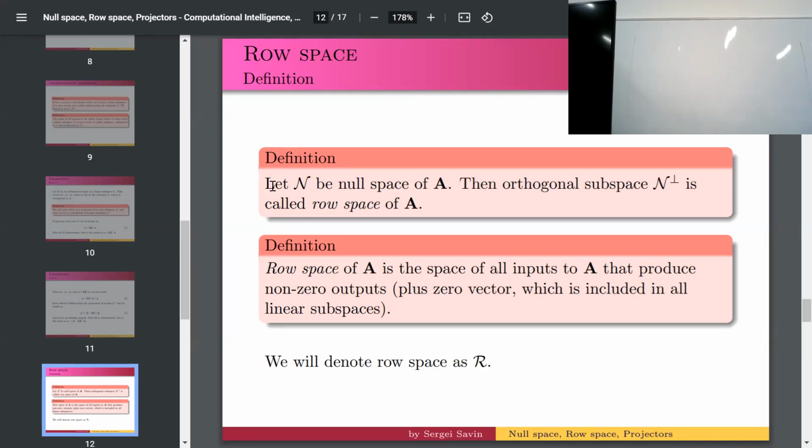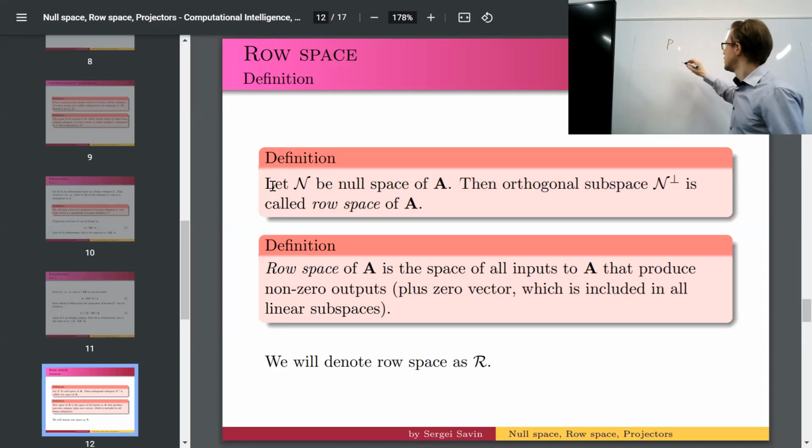Why is it constructive? Because saying that row space is orthogonal to null space already allows us to use 2 tools that we know. The first tool is, if we know a projector onto the null space, we can automatically get a projector onto the row space. How? Let me write it down for you. I'll write here this time, and the camera points in this direction, so we will see. Let's say P is a projector onto the null space.